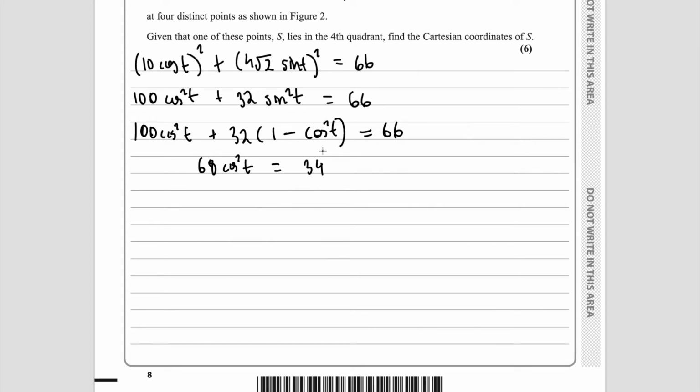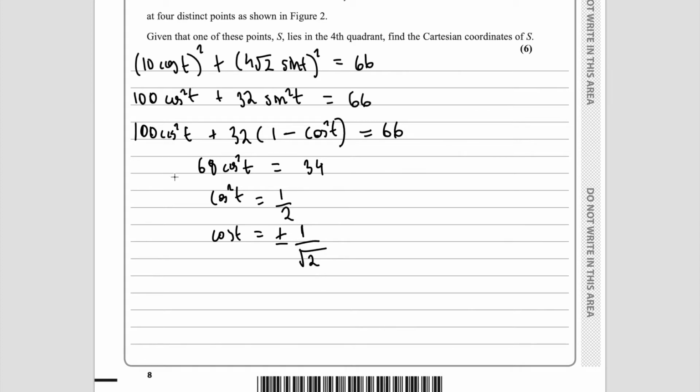Now we take that one step further by dividing both sides by 68, and that makes cos squared t equal to 34 over 68, which is equal to a half. Then we square root both sides, so cos t is going to equal plus or minus, remember the plus or minus here, 1 over the square root of 2.